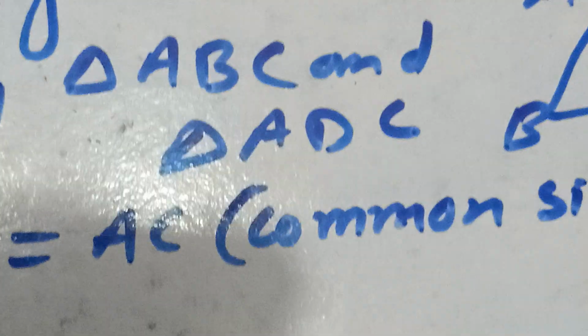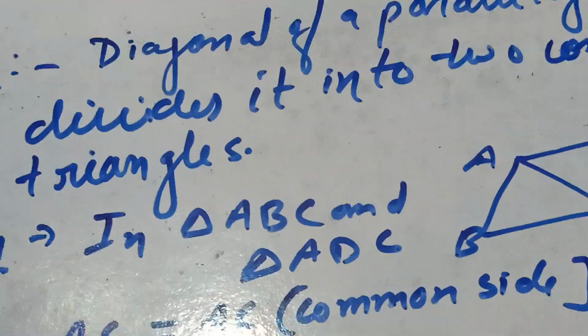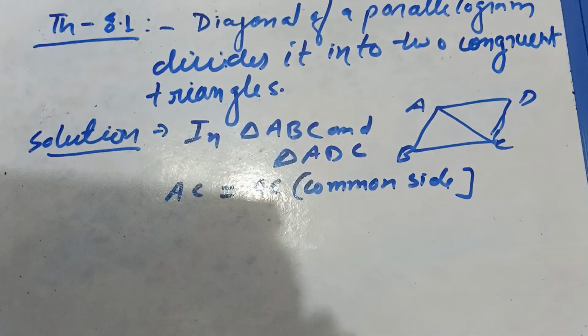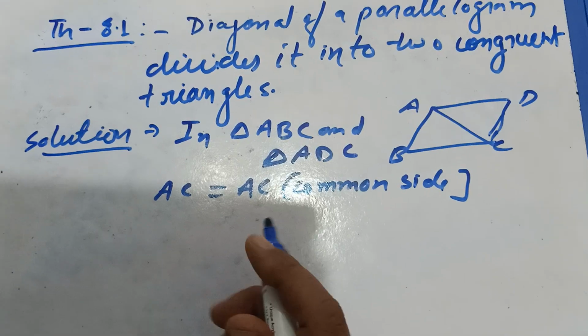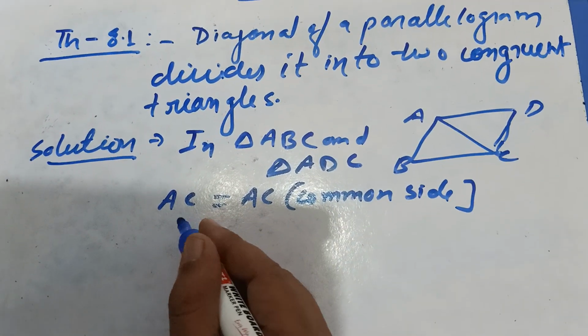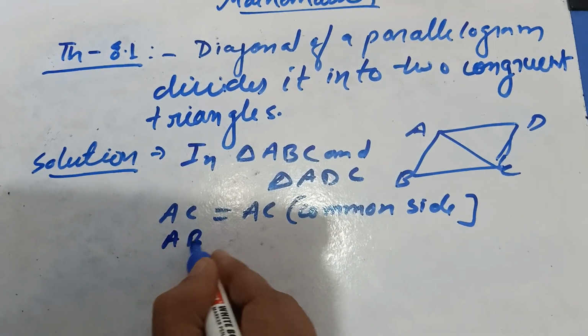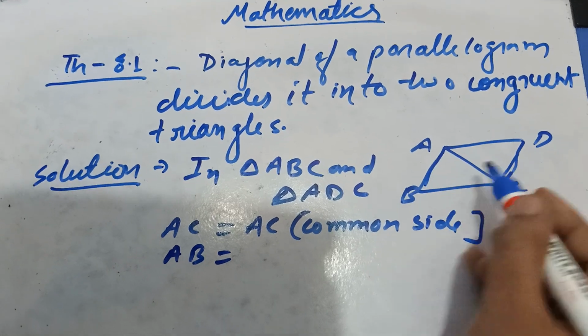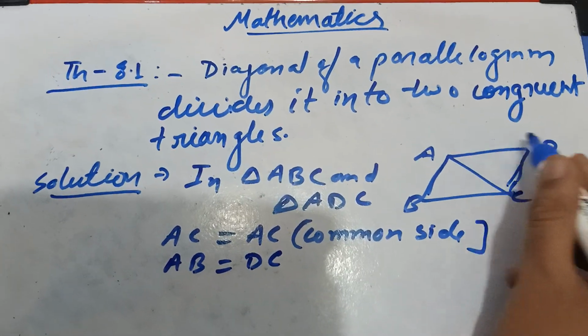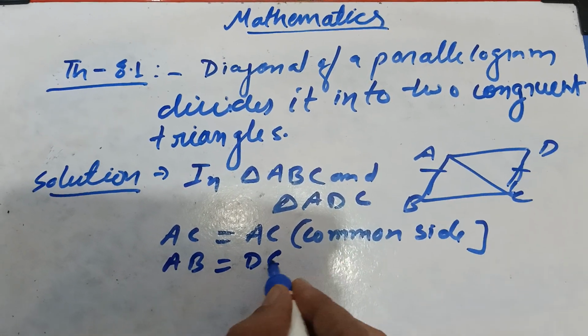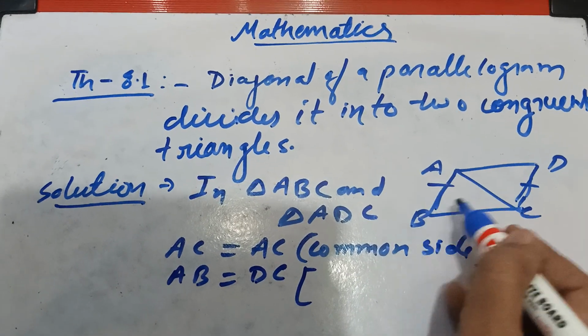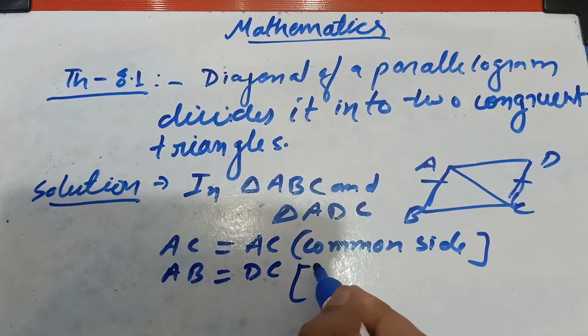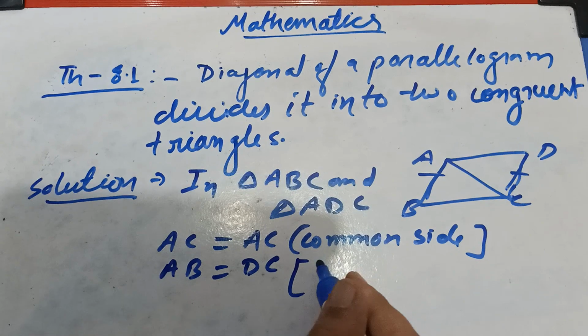For triangle ABC and ADC, this side belongs to both, and AB is equal to DC of triangle ADC. Why? Because AB and DC are opposite sides of a parallelogram.